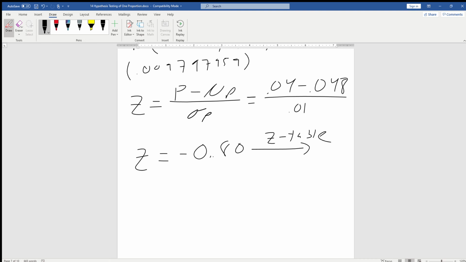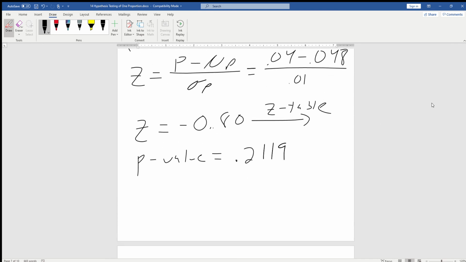If you go to the negative side of your z table, and hopefully you're looking this up as well, negative 0.80, I got 0.2119. So the p-value is 0.2119.